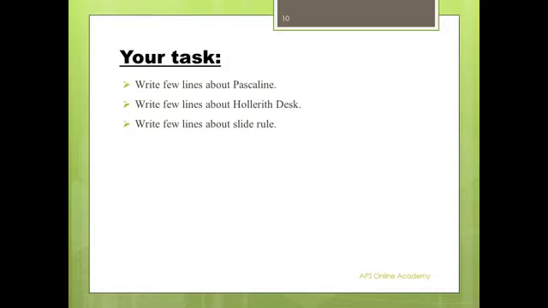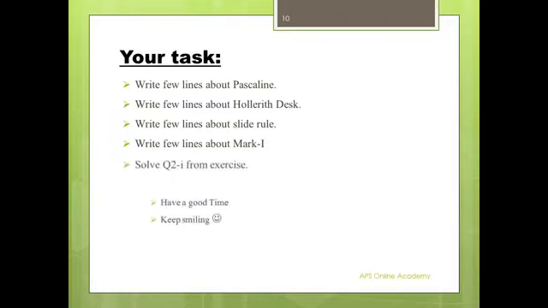What is slide rule, who invented it, its structure, like I have discussed in the video. Next topic is you have to write about the Mark 1, that is given on the page number 11. The last task is you have to solve a question from the exercise, that is question number 2 and part 1.